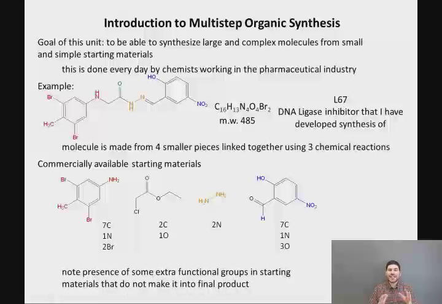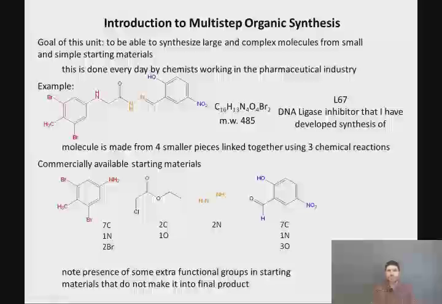So notice the presence of some extra functional groups in the starting material, specifically in the green piece and in the blue piece, that do not make it into the final product. That is very important because these functional groups actually allow you to do the reactions to bring together the fragments.